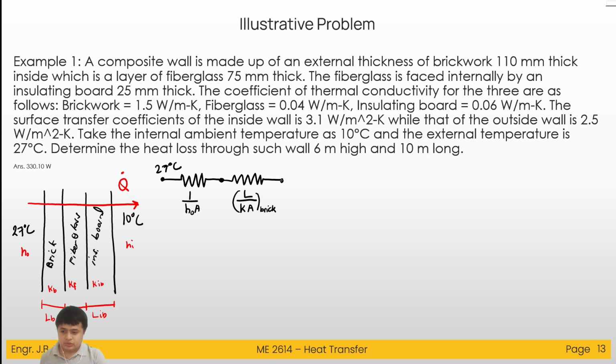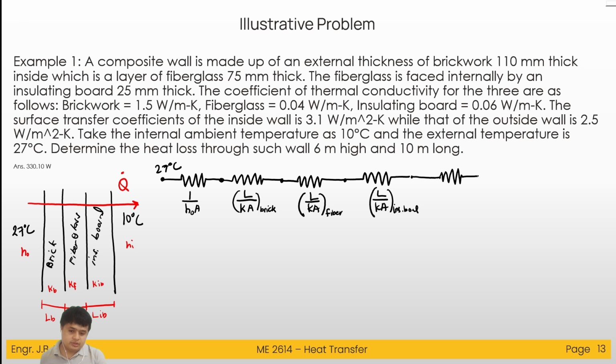Then another one, the fiberglass, whose resistance is L over KA as well. Then the insulating board. And the last one will be the convective heat transfer, which is 1 over H_i A.